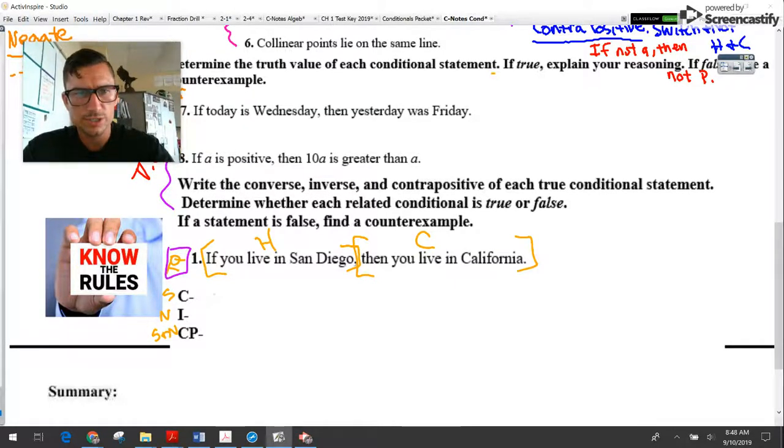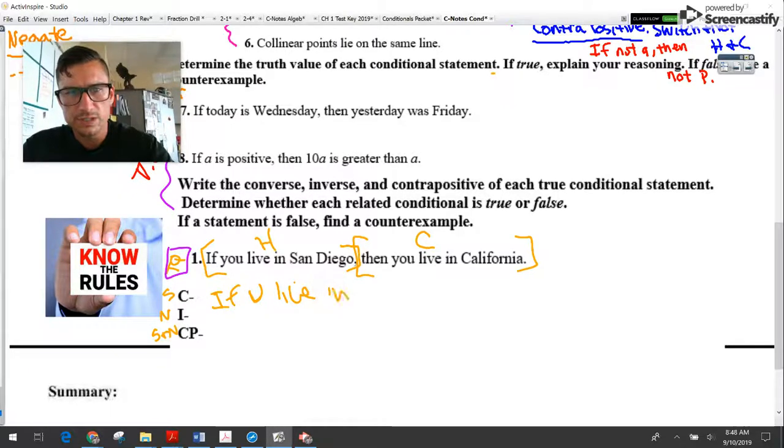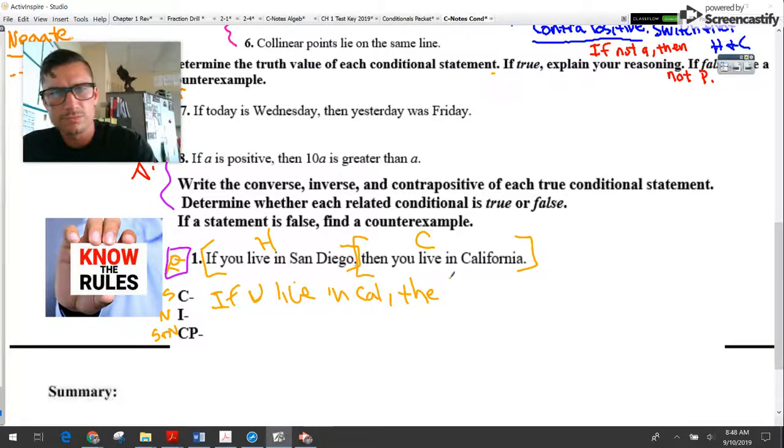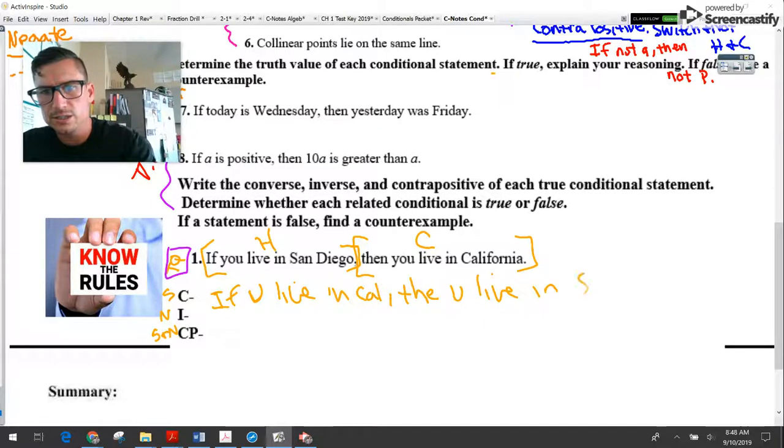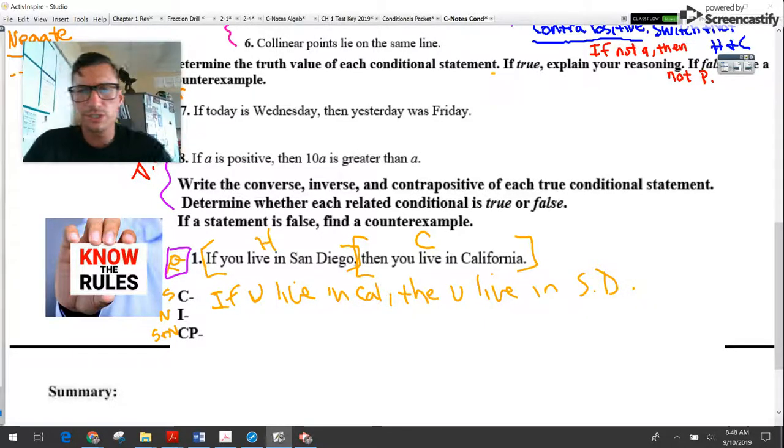So we're going to start with if, and I'm just going to use text language, not grace for language. So if you live in California, then you live in San Diego. So that was switching where the hypothesis and conclusion are.